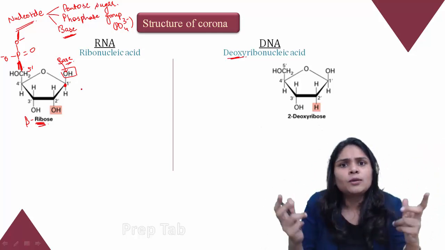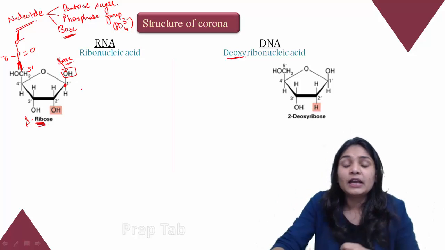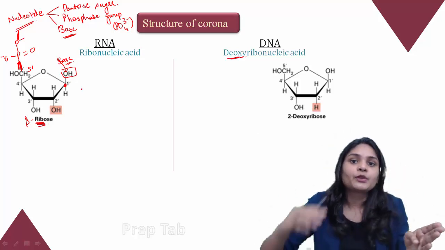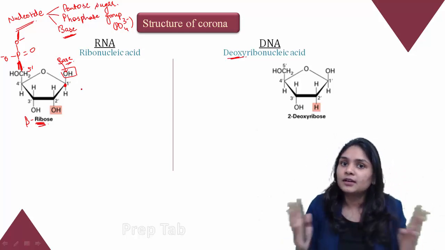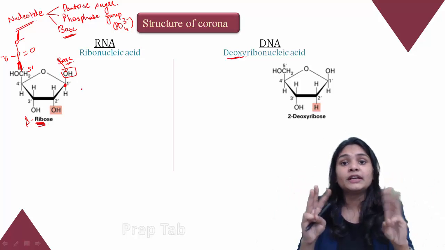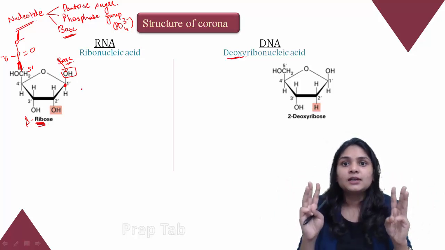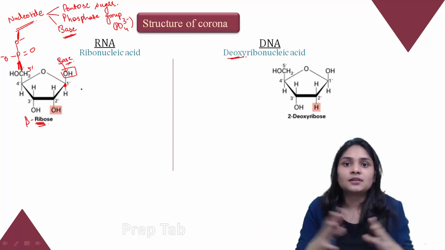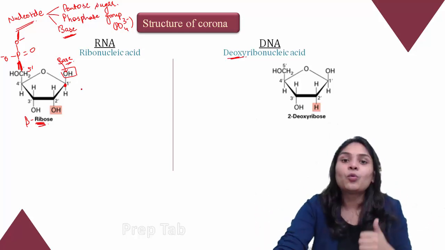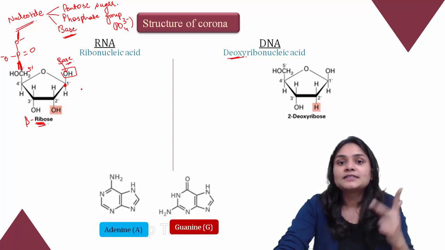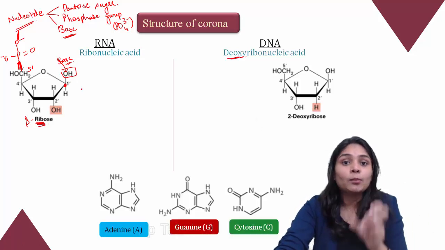Now let us see what all bases we have. We have in all 4 bases for RNA, 4 bases for DNA. Clear? Out of these 4, 3 are common for both DNA and RNA. Fine? 1 is different in DNA and RNA. So what are these bases? Adenine, guanine, cytosine: these are the 3 common bases.